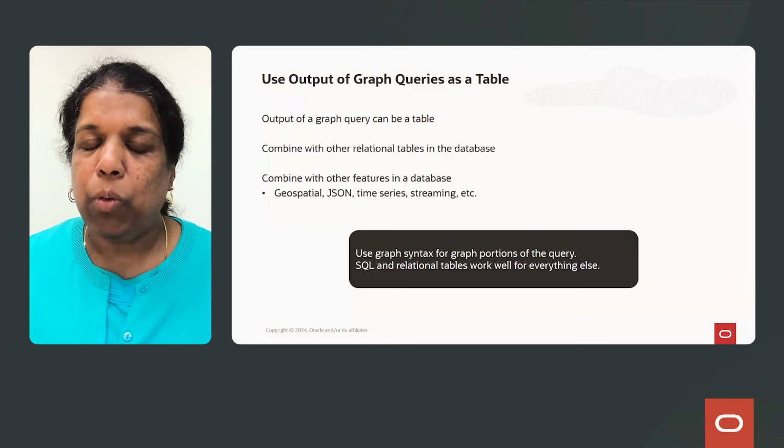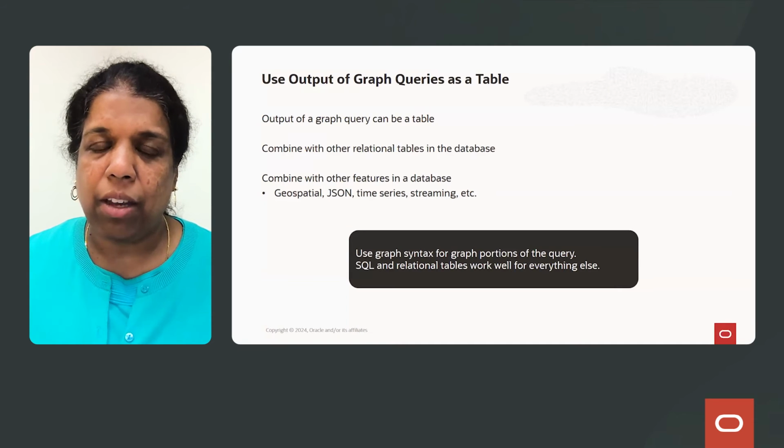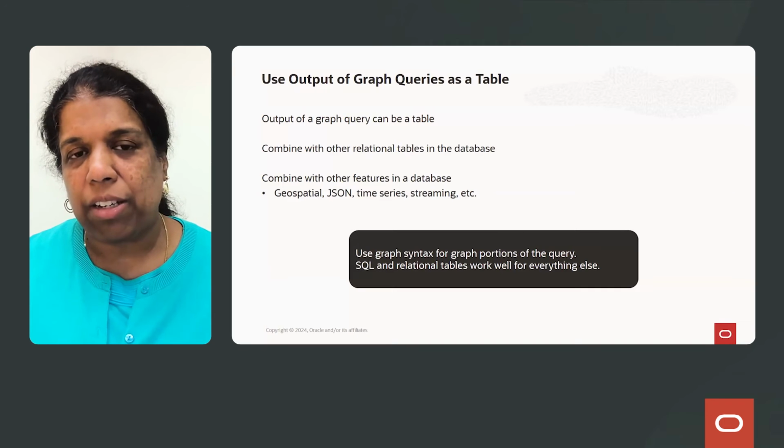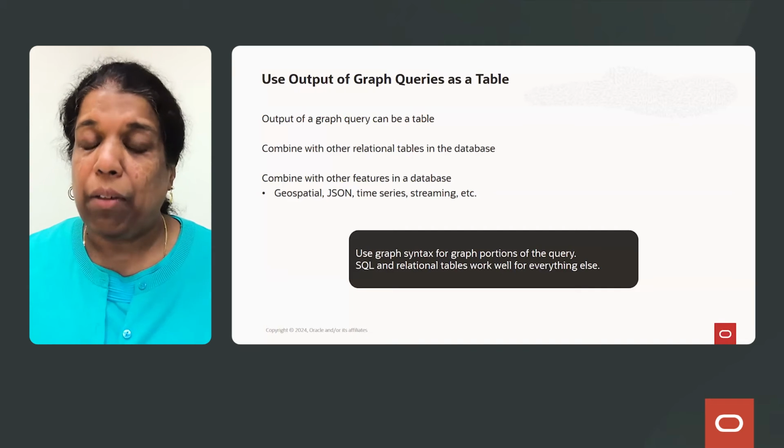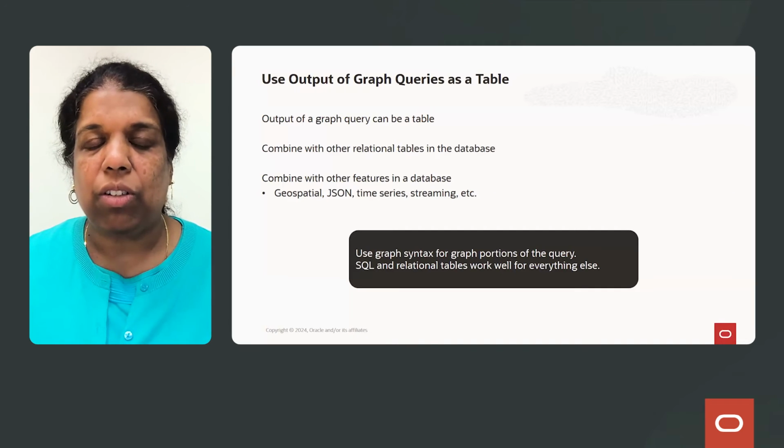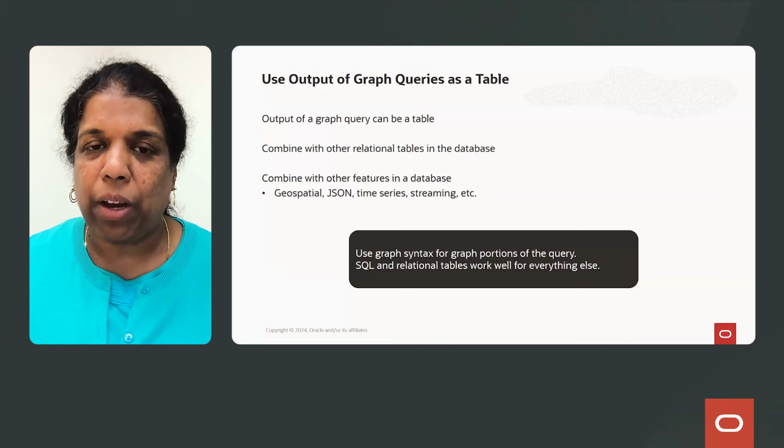So rather than move data into a separate, siloed, specialized graph database, where you might be able to do graph queries, but not the other operations as well, by leveraging our converged database features, you can integrate your graph queries with other different types of data and with relational queries.